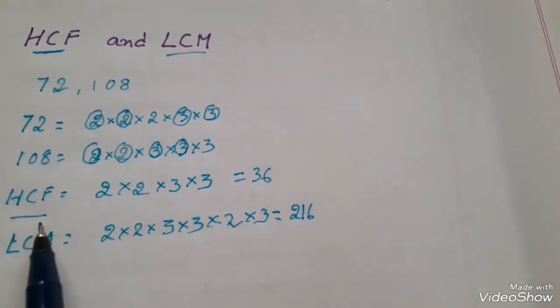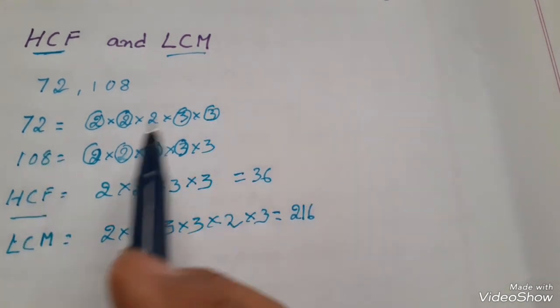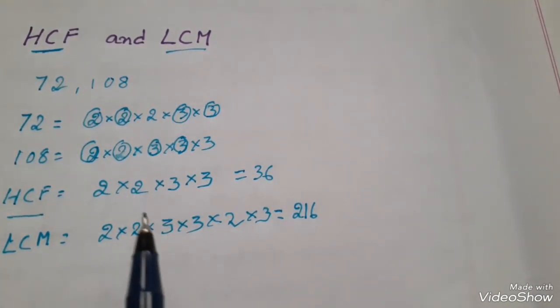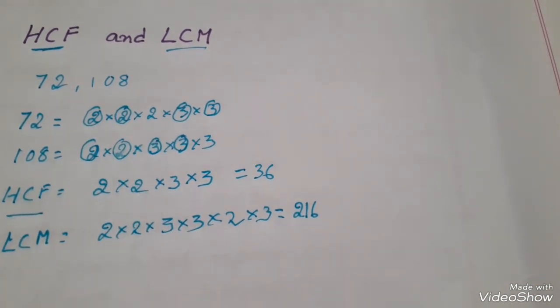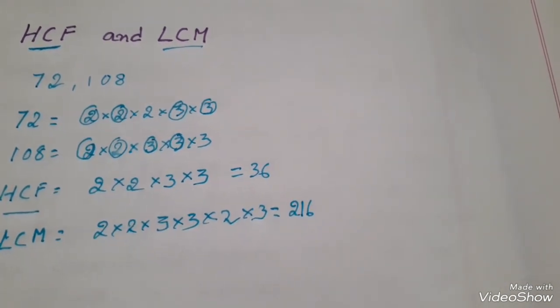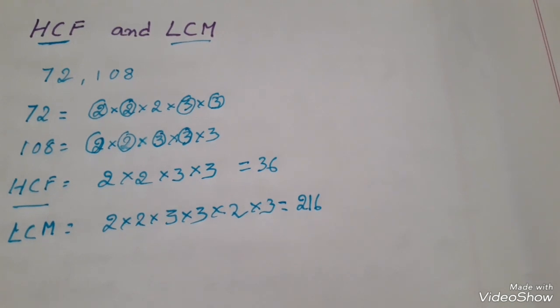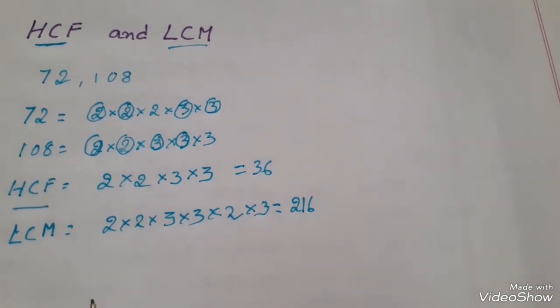So in this way we can find HCF and LCM of two numbers by writing products of prime factorizations. Here you can remember one thing. What is the relation between two numbers and their HCF and LCM?